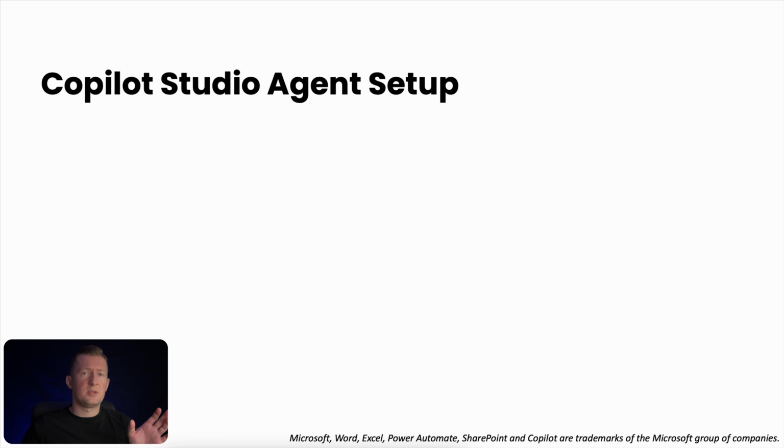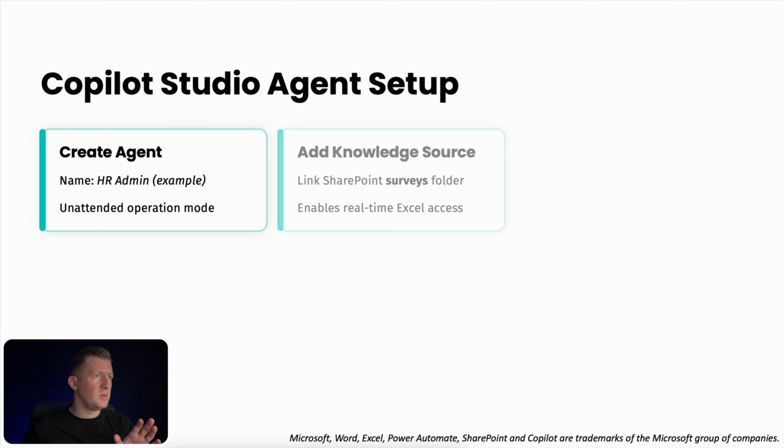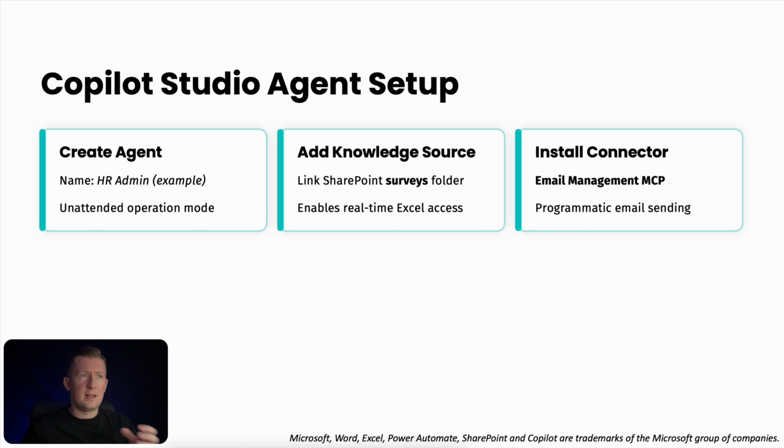Let's set up the Copilot Studio agent as a next step. Basically, we are just creating an agent. We can name it as we wish. We are adding in the knowledge this survey folder from the SharePoint library, and then installing the email management MCP connector in order to have the ability to send emails and communicate, basically.